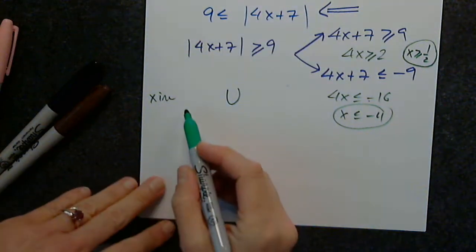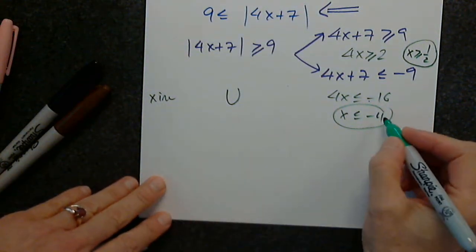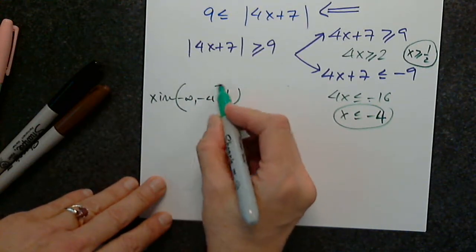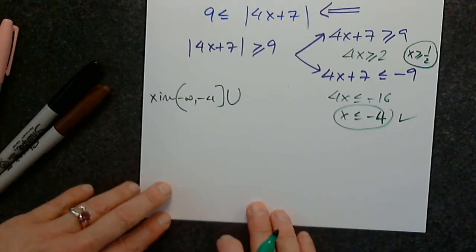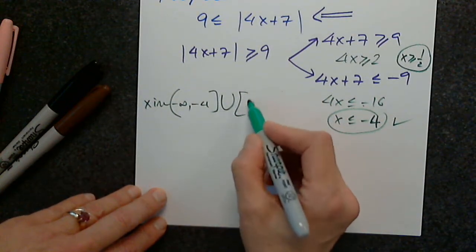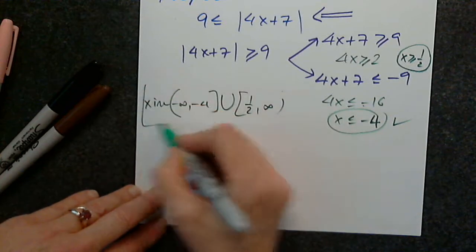So the first one, very good. That's the first one. Awesome. From left to right. Union. That's it.